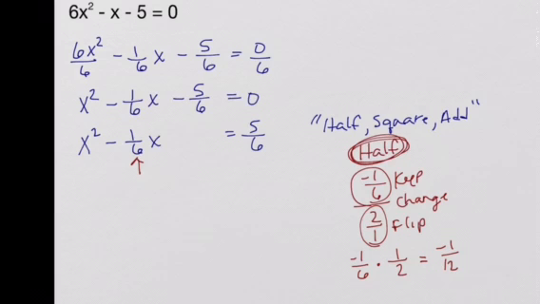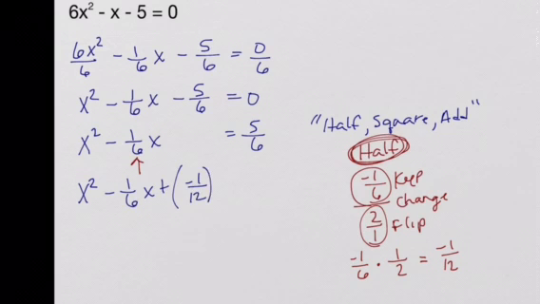Now we take that and square it and add it to both sides. So we have x squared minus 1/6 x plus negative 1/12 squared, equals 5/6 plus negative 1/12 squared.